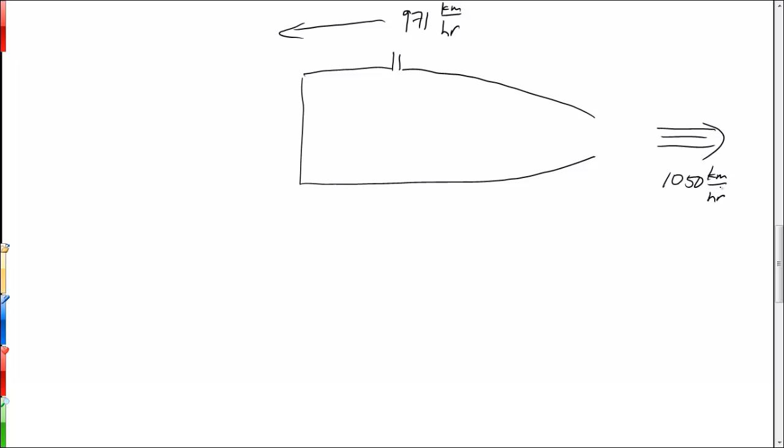Now, the frontal area of the jet engine, somehow the person on the ground realizes, is equal to 0.8 square meters. Their entering air density is 0.736 kilograms per cubic meter.